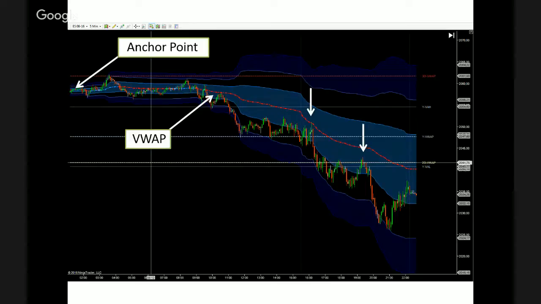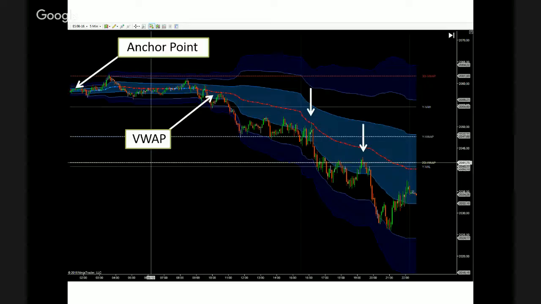They want to execute as close as possible to this area, also because that's what determines their bonuses. So if they can get VWAP execution or better than VWAP, they will get higher bonuses. So some very real reasons to pay attention to this price benchmark here.